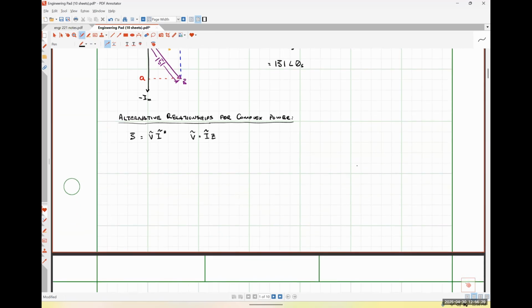So let's start by putting everything in terms of voltage, right? So if I start with S is equal to V times I conjugate, well, I'm going to come up with a fraction here that's going to represent I, and then I'm going to take the complex conjugate of this fraction.